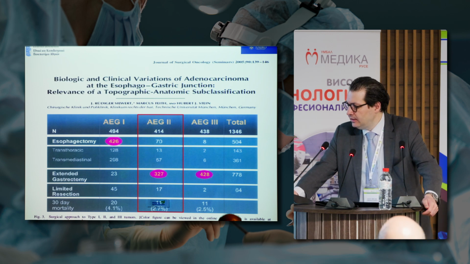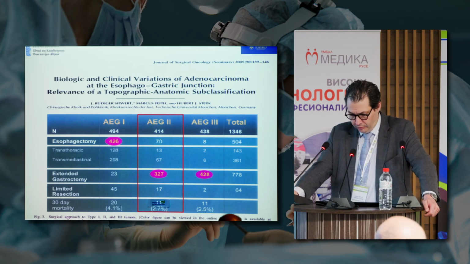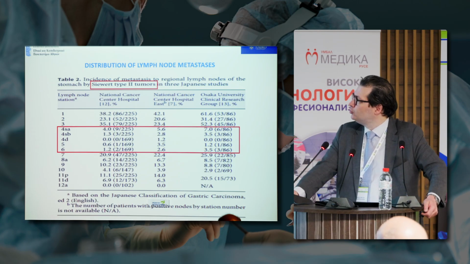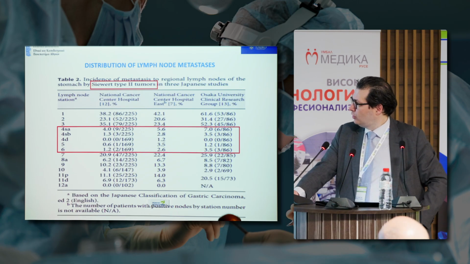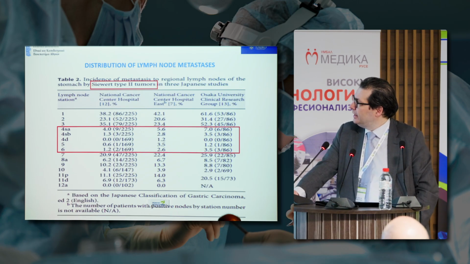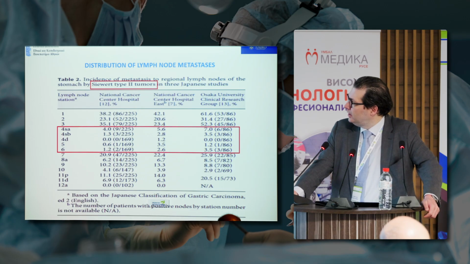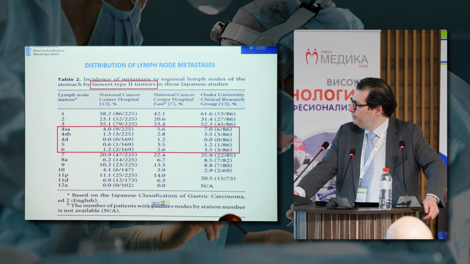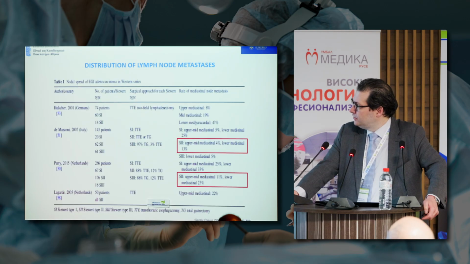But things look to have changed a lot since then, because we have had plenty of research and publications showing that in these cases, specifically for type 2 tumors, there are very low percentages of infiltrated lymph nodes in the distal stomach, like the nodes of stations 4, 5, and 6.